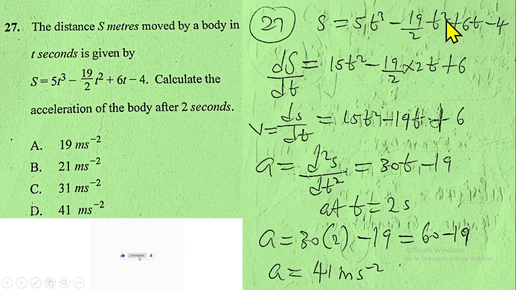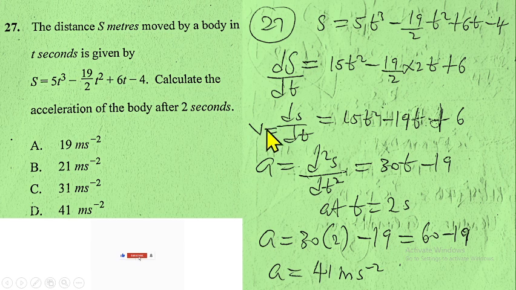Minus, if you differentiate the next term, 2 comes down, that is 19 over 2 times 2t. Differentiating 6t gives us 6, and differentiating minus 4 gives us 0. The 2 can take care of the 2 here, so you are left with 15t squared minus 19t plus 6, which is the velocity.